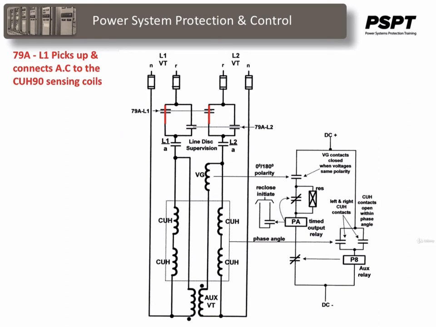In the AC part of the relay, the 79A-L1 picks up and connects the AC to the CUH90 sensing coils.